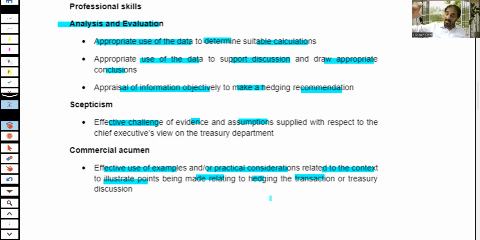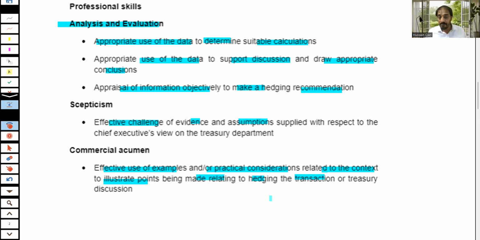But you add the point about the chances of default risk in case of forward. So your example, your illustration, which is not within the question but relevant to the question, that is called illustration or practical consideration.